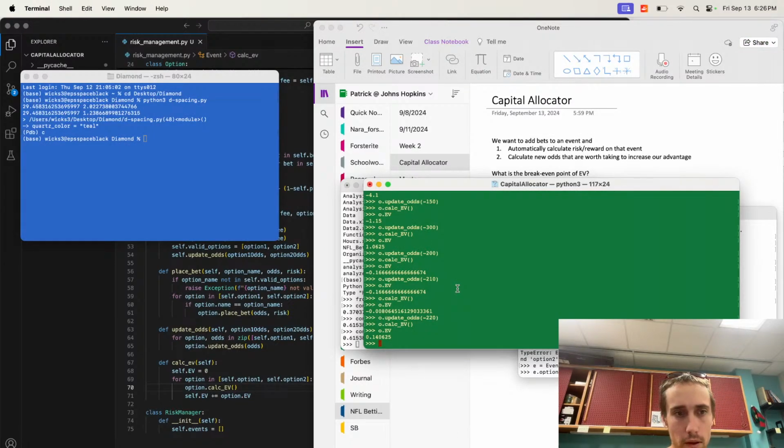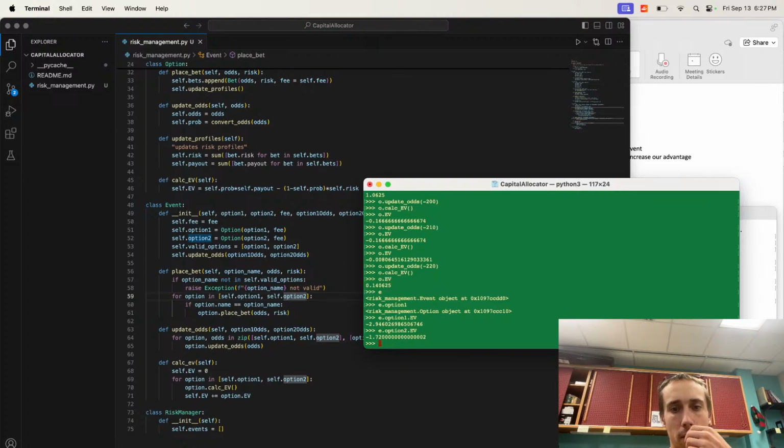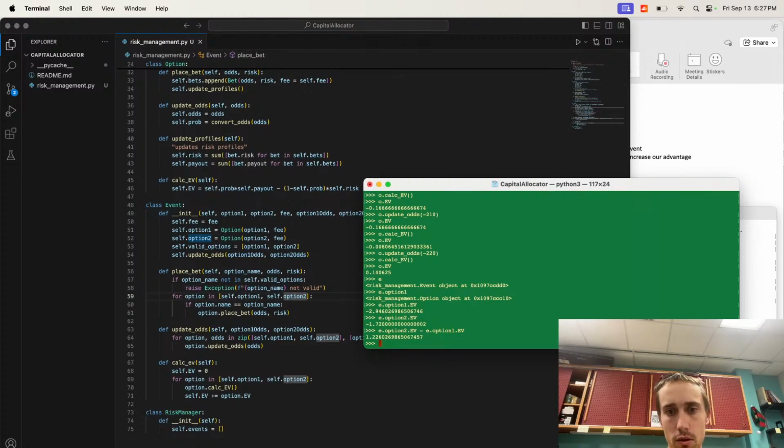So if we do E dot option 1, all right, so option 2 minus option 1 is positive. Option 1 minus option 2 is negative.